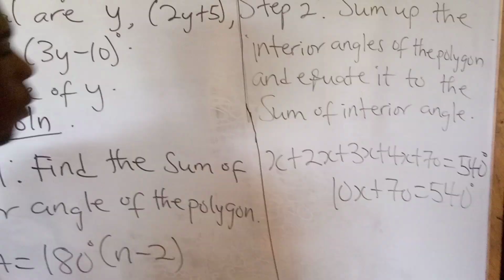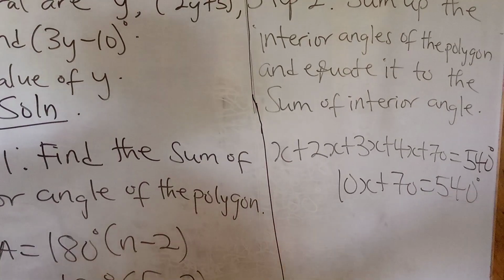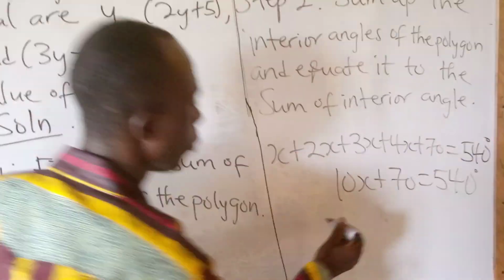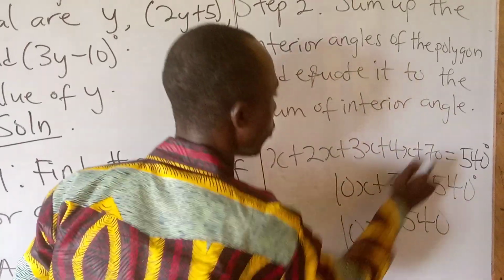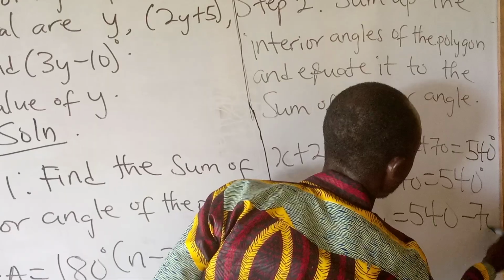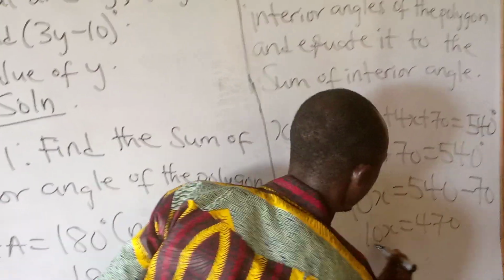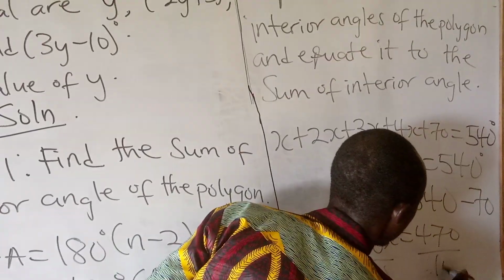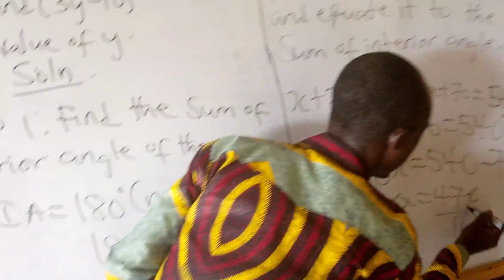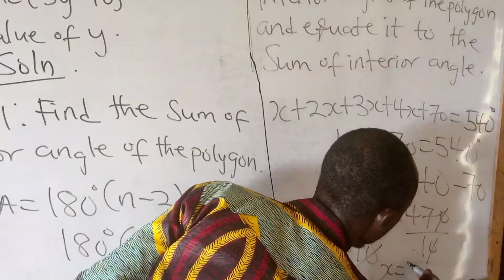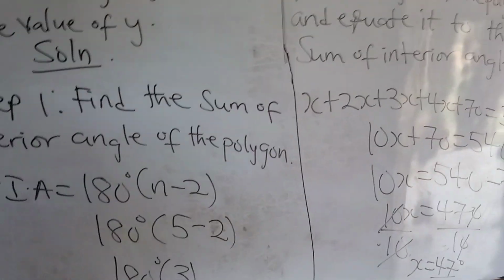You let the variable stand at one side of the equation and the one without variable to stand at the other side of the equation. So 10x is equal to 540. Once this crosses the equal sign, it becomes negative. 10x equal to 470. You divide both sides by 10. So this will cancel this. So x is equal to 47 degrees.